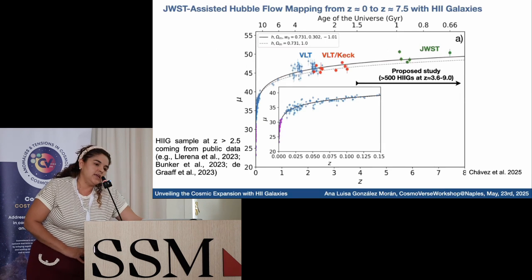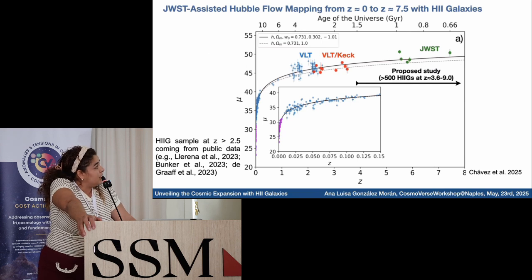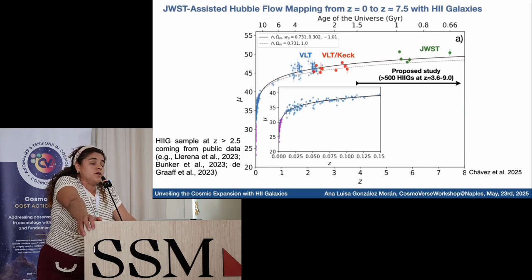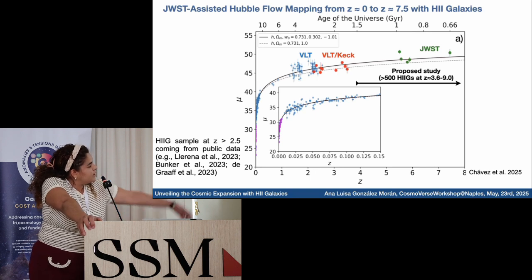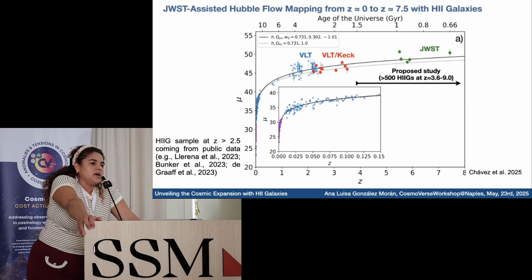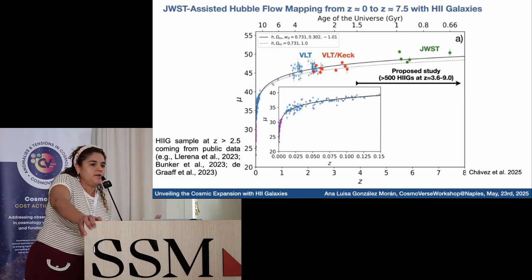And in this paper that was accepted a couple of weeks ago, we show for the first time the Hubble diagram for H2 galaxies at redshift 7.5. The James Webb Space Telescope data are shown in green. We also increased the data that we can obtain with the VLT and Keck telescopes up to redshift 3.5, which is the maximum that we can observe with ground-based telescopes.